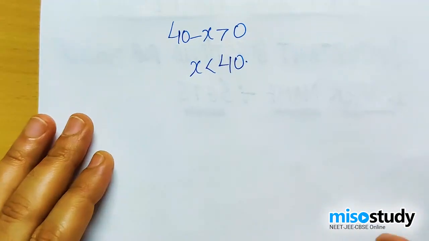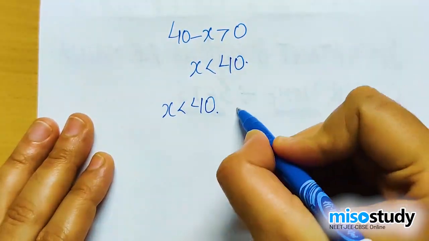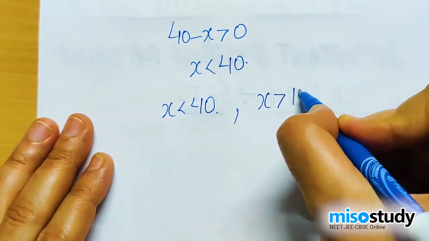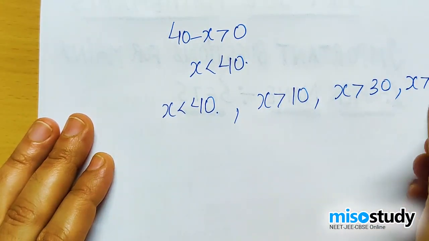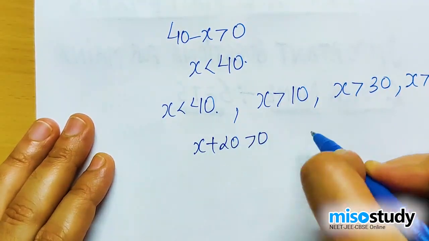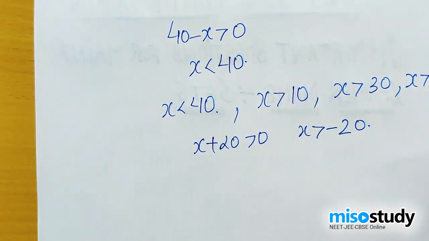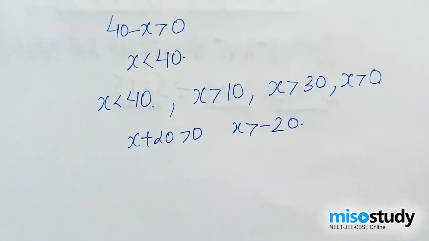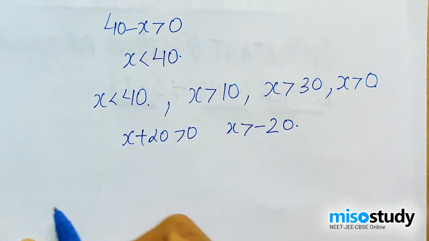So combining all the conditions, I have X less than 40, X greater than 10, X less than 30, X greater than 0, also X plus 20 greater than 0, that is X greater than minus 20. We want to take that condition which will be simultaneously satisfied on a number line.